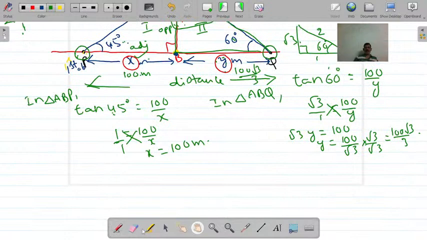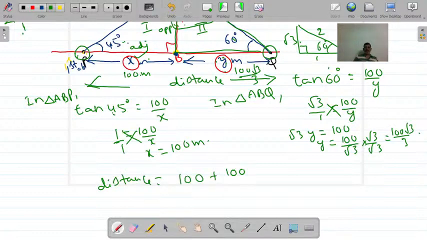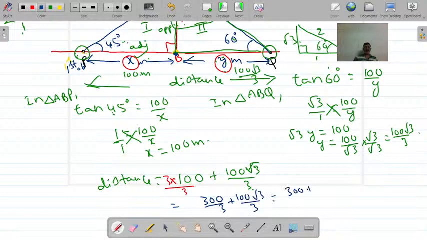So simply you can write distance is equal to 100 plus 100√3 by 3. Because the denominator is 3, this one also you multiply with 3. So then you get 300 by 3 plus 100√3 by 3, that is (300 plus 100√3) by 3 meters. Okay, that's how we can solve these problems very easily and quickly.